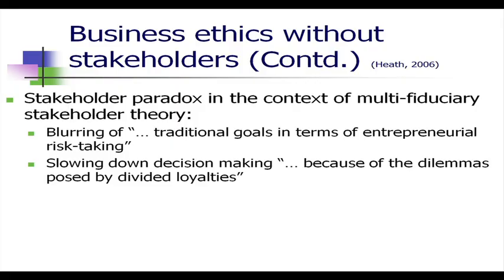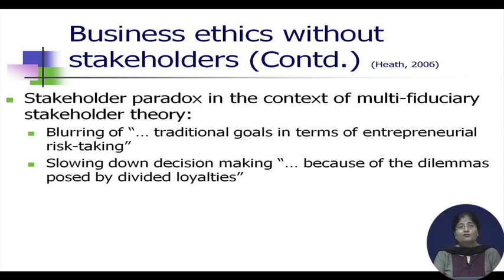As far as stakeholder paradox is concerned, there is a blurring of traditional goals in terms of entrepreneurial risk taking and slowing down of decision making because of the dilemmas posed by divided loyalties.